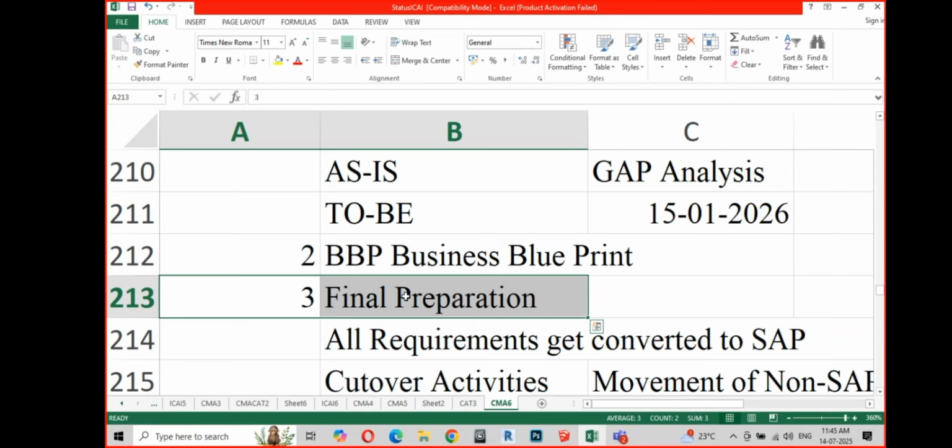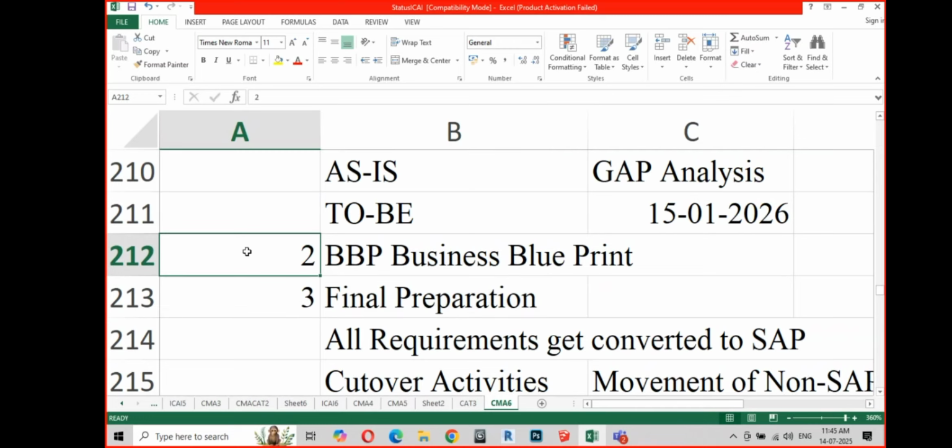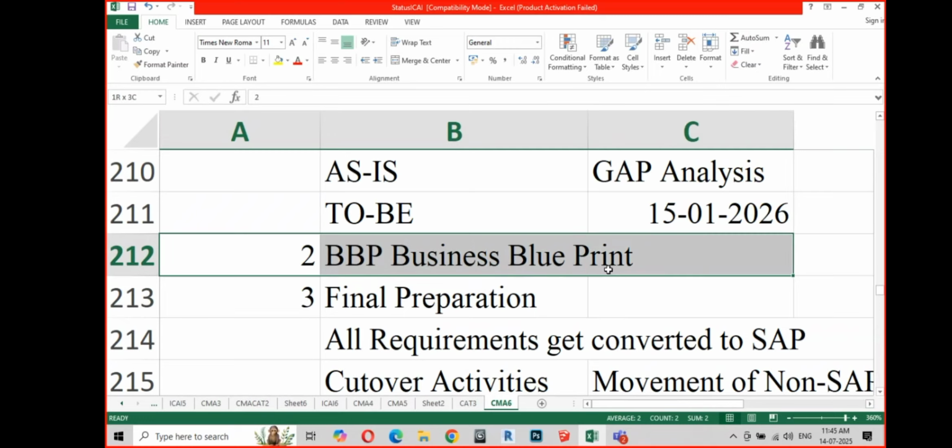So once the team is finalized, what do I do? I start converting all the requirements in your business blueprint into SAP. Whatever was there in the business blueprint, which had to be delivered, I work on the SAP system now to deliver the individual requirements.